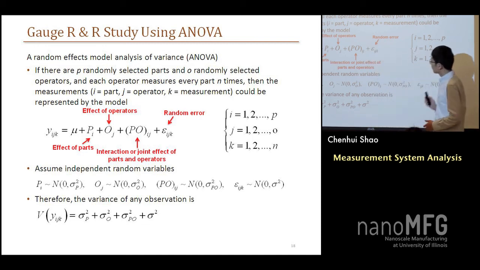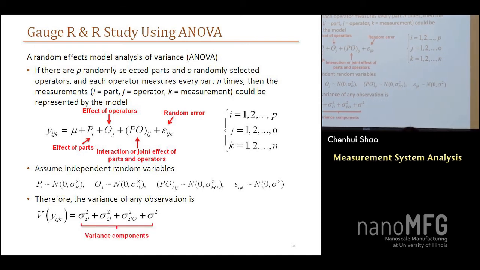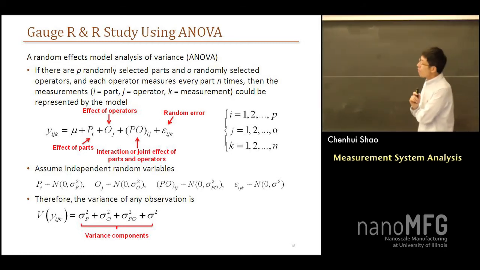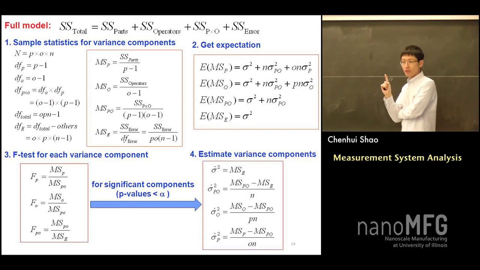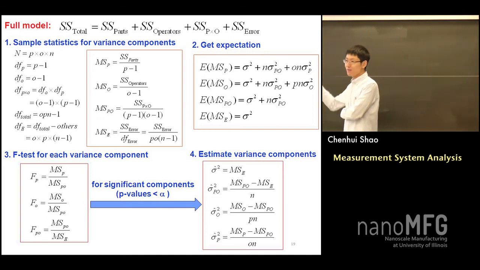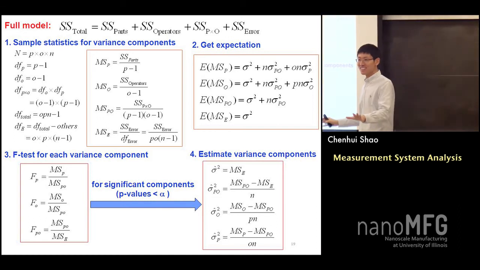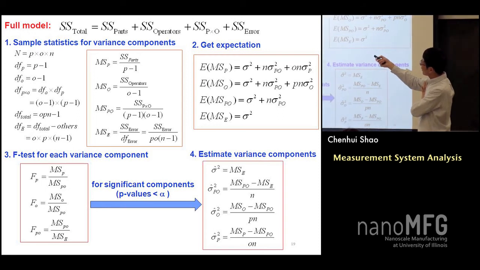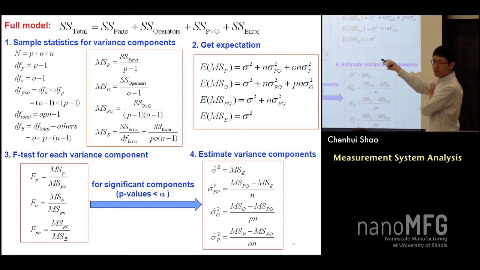How do we estimate the variance components? We start with the full model. Don't get scared by this, it's very easy. We have this total model. This equation is the sum of squares: the total sum of squares, the part sum of squares, the operator, the P and O interaction, and this is the error.